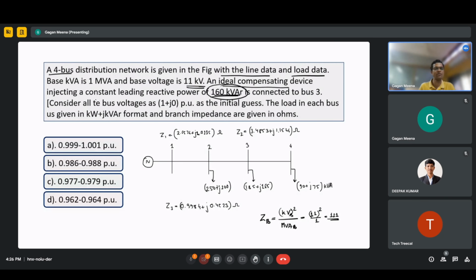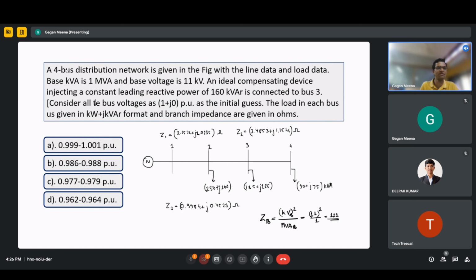Consider the bus voltage as 1 plus j0 per unit as the initial guess. Load in each bus is given in kilowatt and kVAR. First convert them into per unit and then solve the power flow.